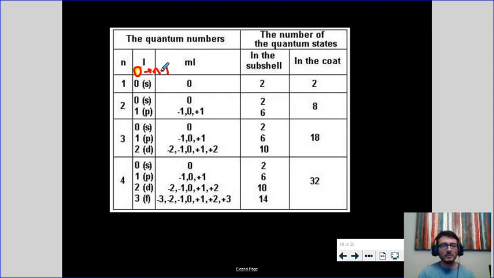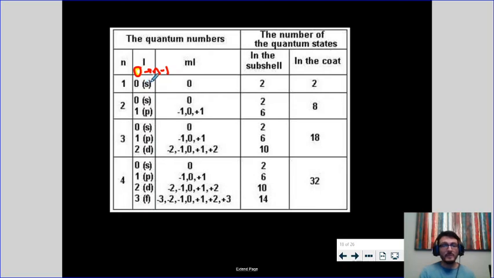So 0 minus, well, that would give you a negative number. 0 to 1 minus 1, wasn't thinking straight. 0 to 1 minus 1 is just 0 to 0, which just gives you a secondary quantum number of 0, which refers to the S shape.